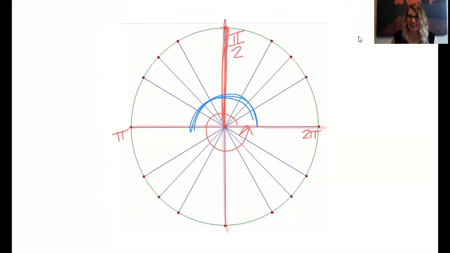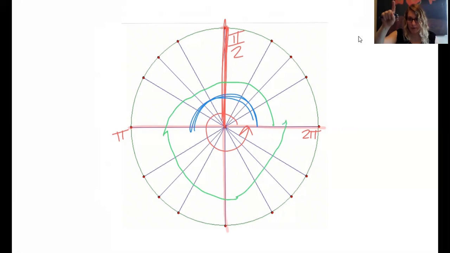And then I kind of like to count. So I'm going to use another color. I'm going to use green and kind of count, and hopefully you can see what I'm doing. I'm going to start on the x-axis. If I go 1/4 of the way, that's half pi. This is 2/2 pi. This is 3/2 pi. 4/2 pi.